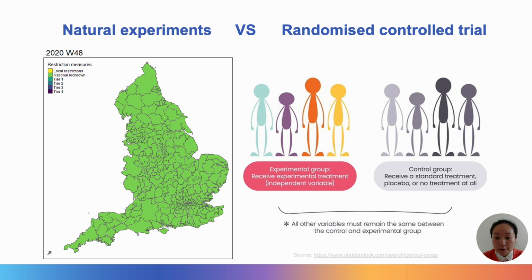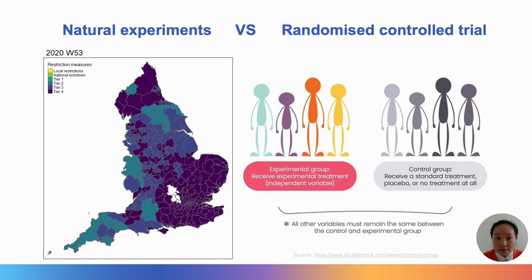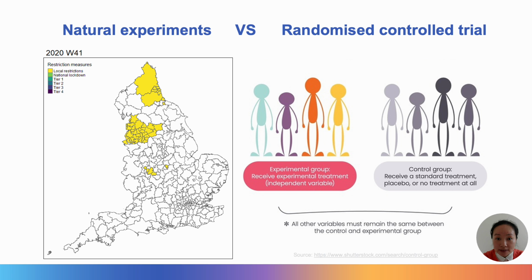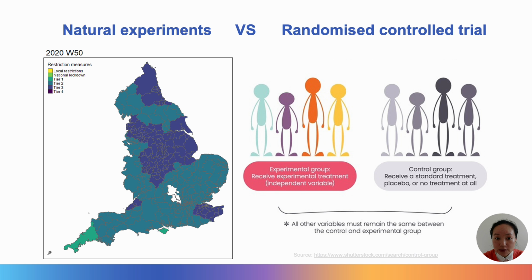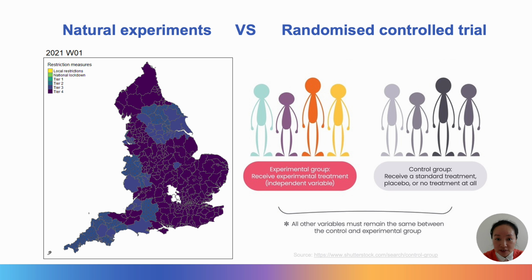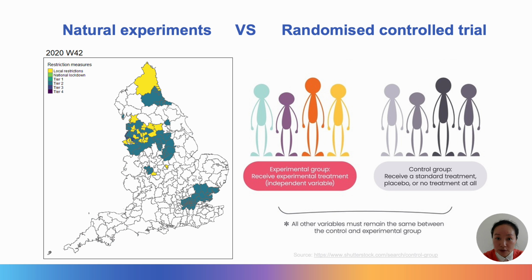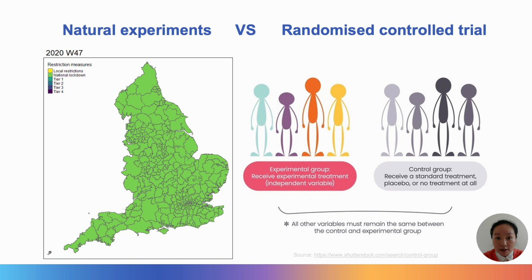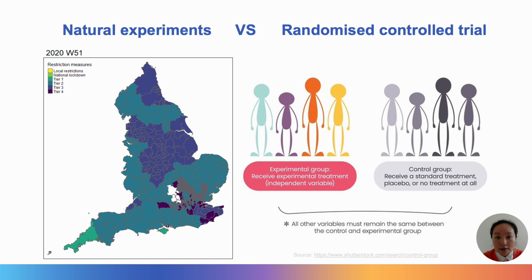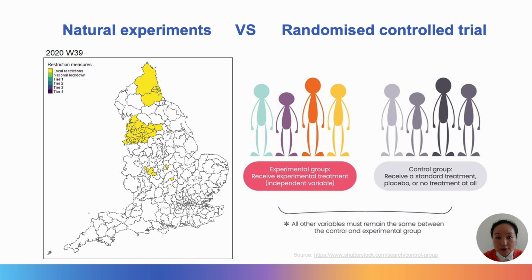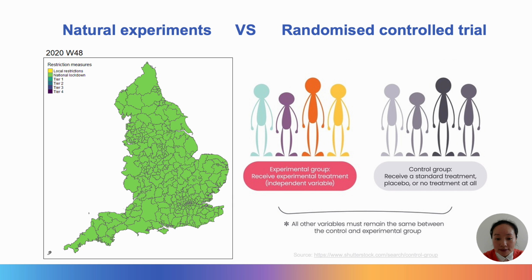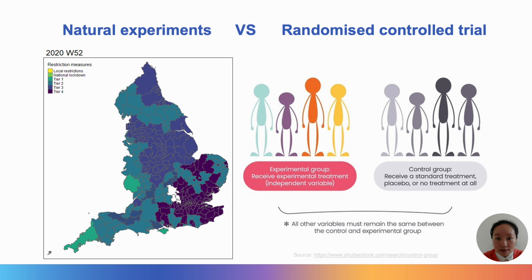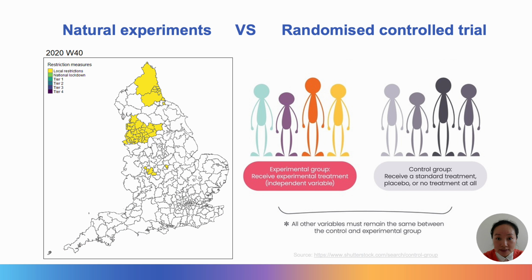Basically, in randomized controlled trials, researchers have control of when and where to deploy the treatment or intervention, and researchers could control the experiment process. But in natural experiments, these are mainly scenarios relevant to policy changes.